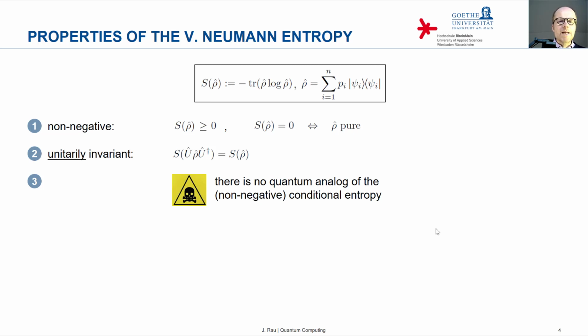And you can use that simply to formally define a conditional entropy also in the quantum case. Only that, in contrast to the classical case, this mathematical object that you define in this way is no longer guaranteed to be non-negative.